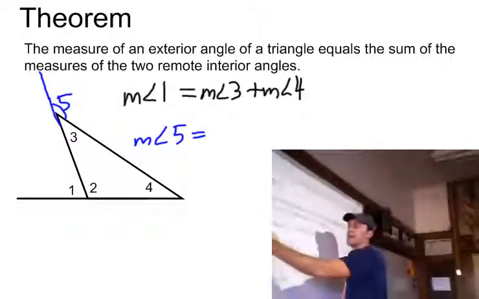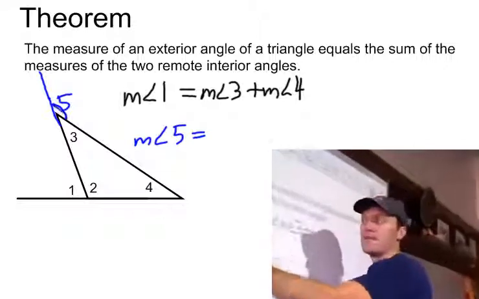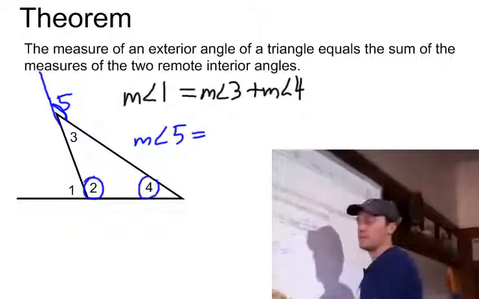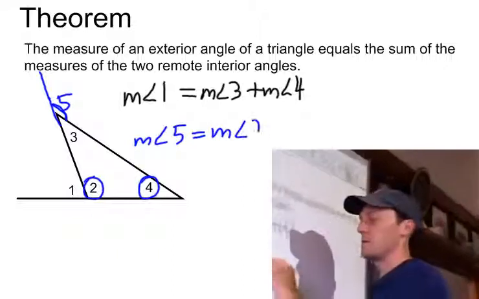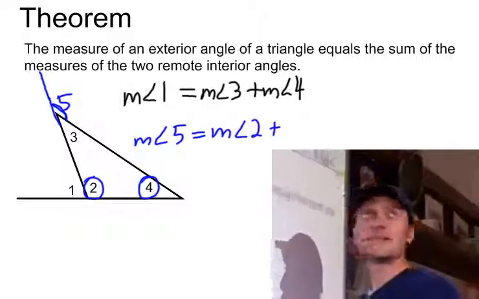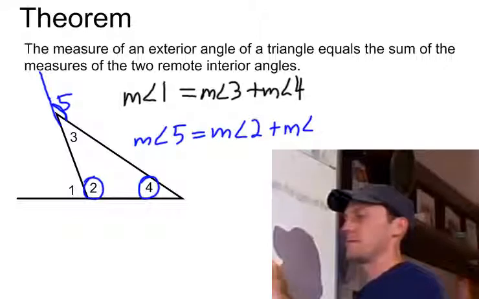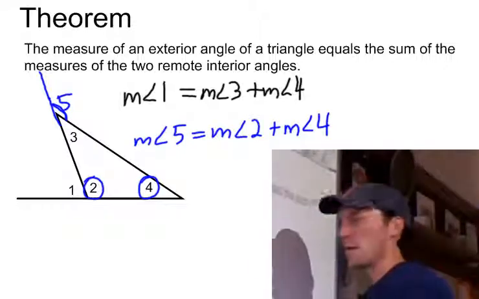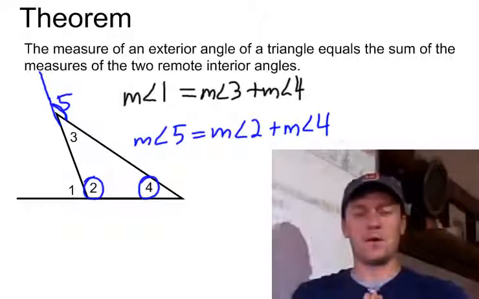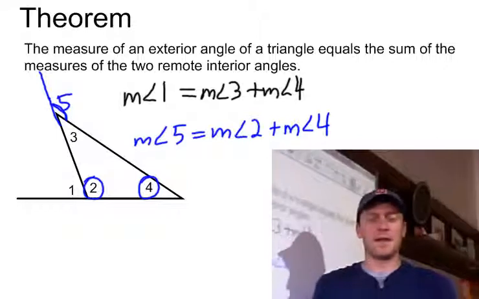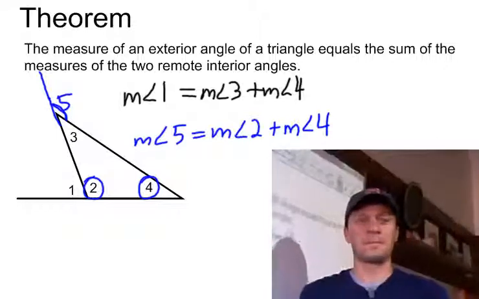Now, if this is the exterior angle, angle 5, then 2 and 4 are the remote interior angles. Okay, that's it. I hope this helps, and have a great one.